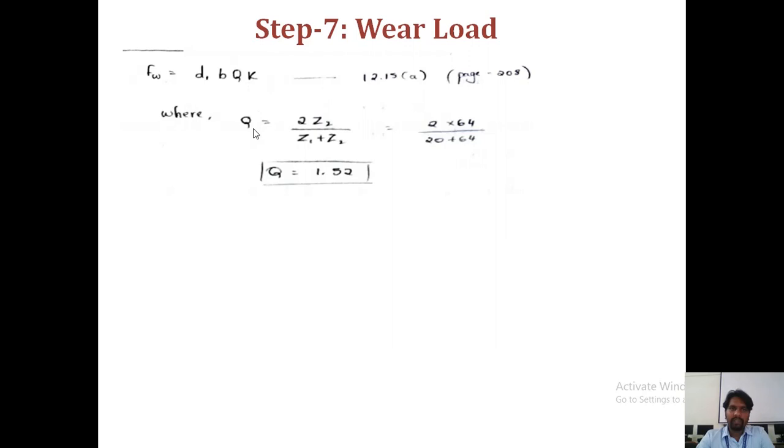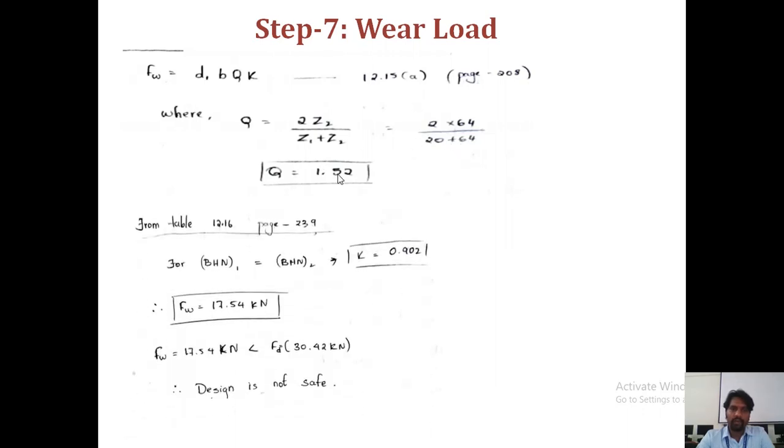Q, in terms of the teeth, is 2Z2 divided by Z1 plus Z2. We know Z1 and Z2, so calculate Q, which is 1.52. From table 12.16, page 239, for BHN1 equal to BHN2, K is equal to 0.902.